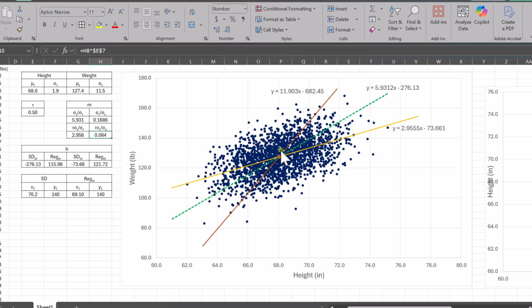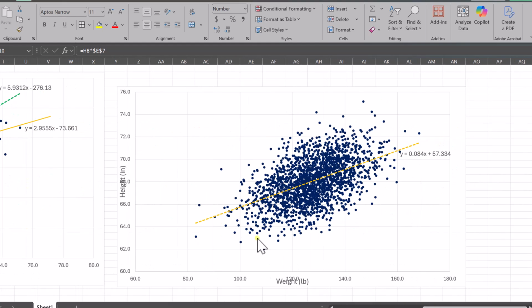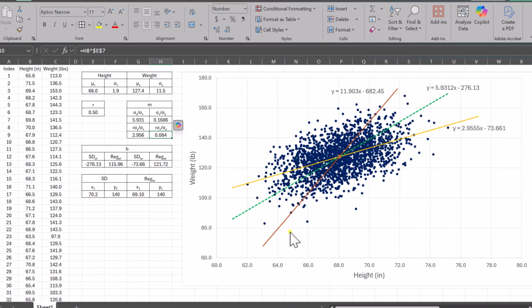So is this line and this line the same line? Well, first of all, they're going through a different point of averages, right? And second of all, this is 0.084 with respect to the independent variable being on the x. And this is 11.903 with respect to the independent variable being on the x.